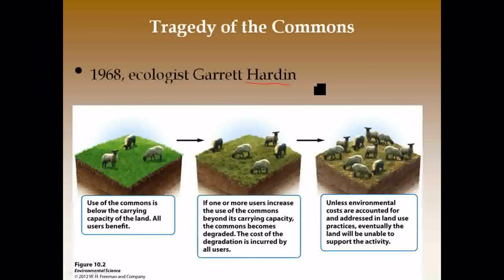One of the commons that I can think of that we've already covered is the largest aquifer in the United States. Who remembers the name of it? You need to remember the name of it. It's that funny name. Say it with me. Ogallala. The Ogallala Aquifer is a common.